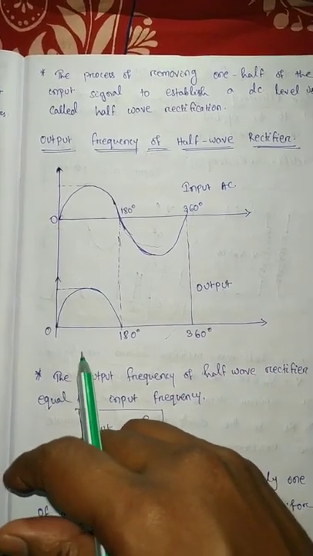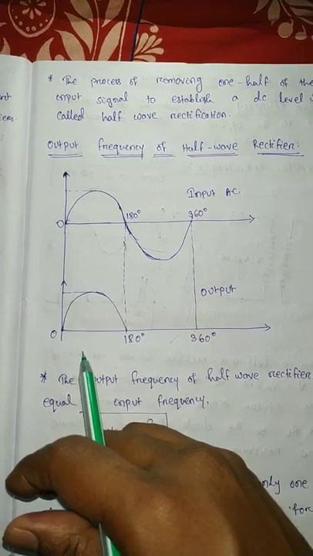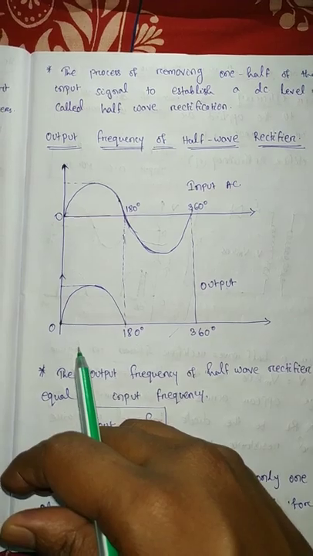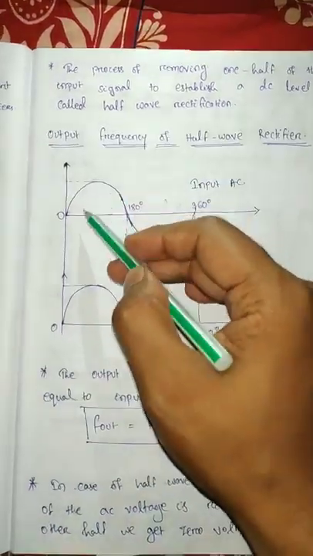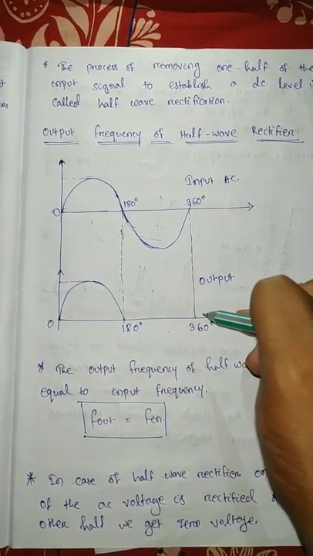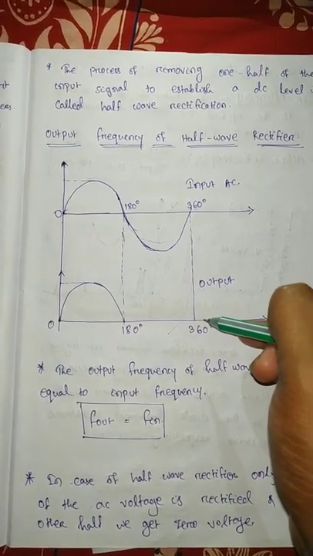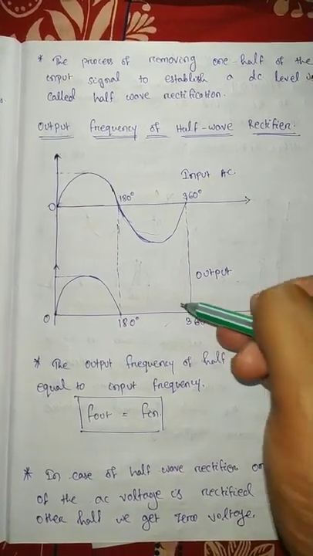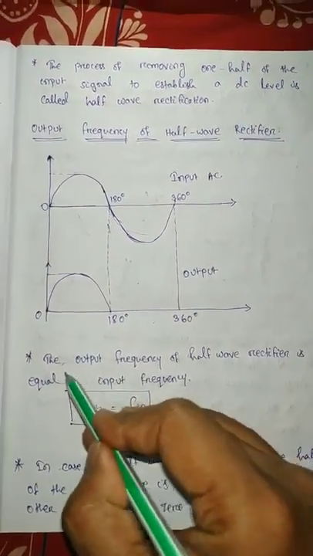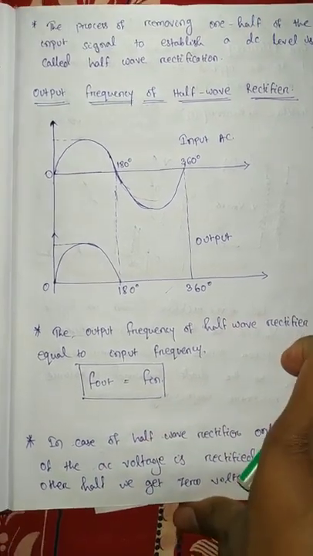This means when the input AC completes one cycle, the output of the half wave rectifier also completes one cycle. In other words, the output frequency of a half wave rectifier is equal to its input frequency, that is, F out equals F in.